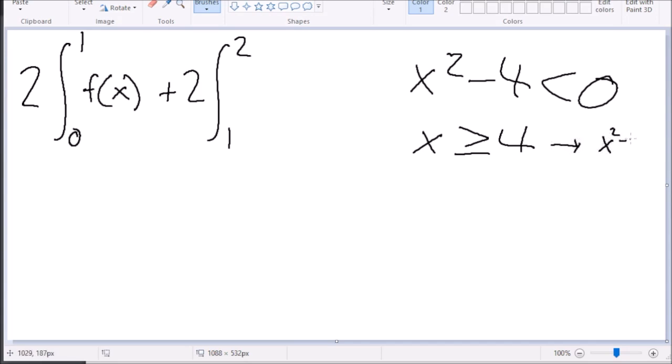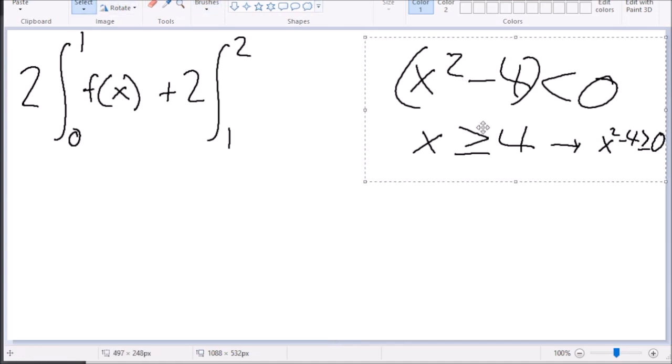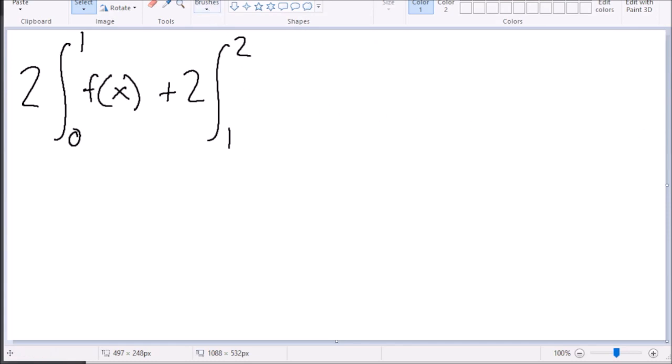Because these numbers are less than 4, this portion is going to be negative. That means we have negative f of x, so this is actually minus.